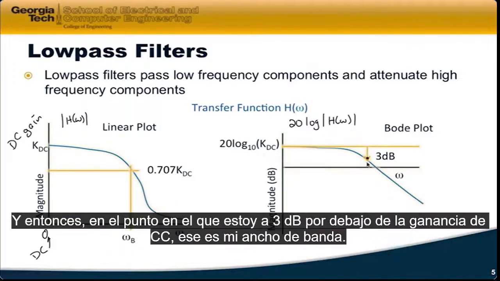And then at the point where I'm at 3 decibels below the DC gain, that is my bandwidth.